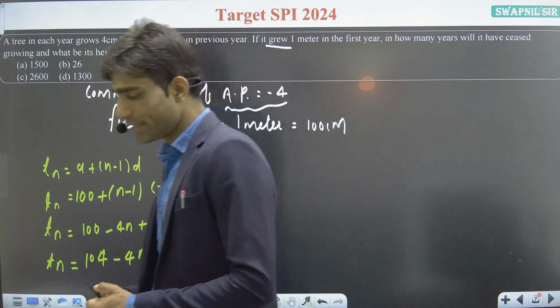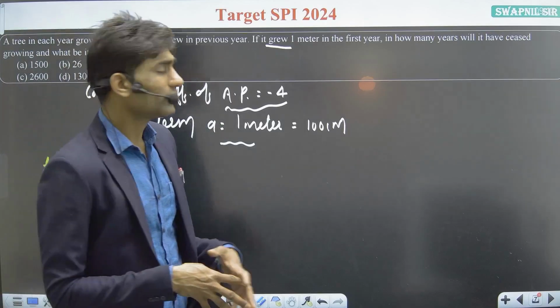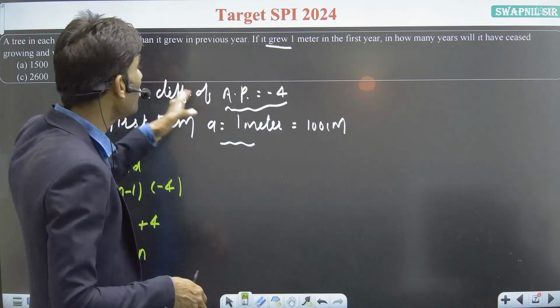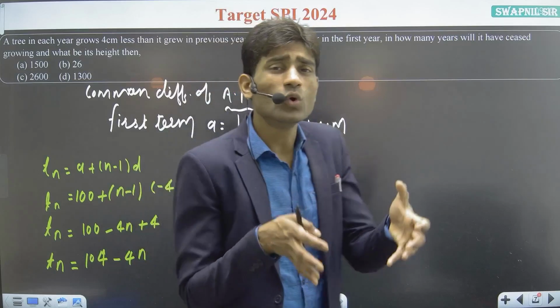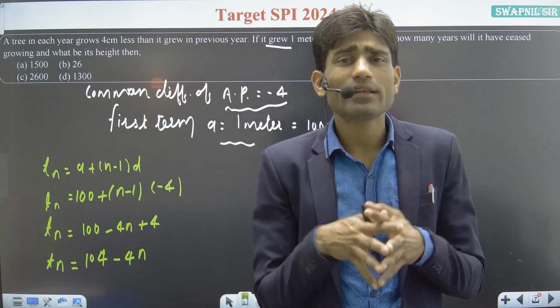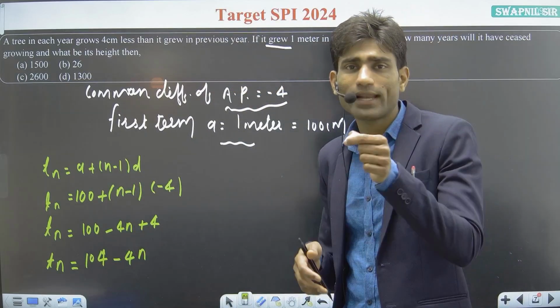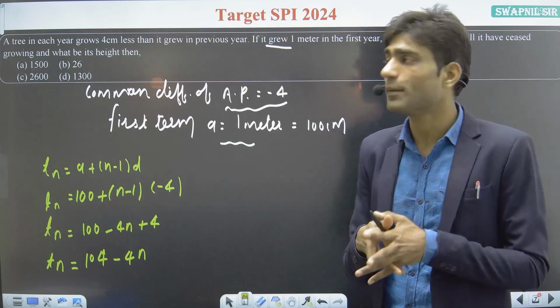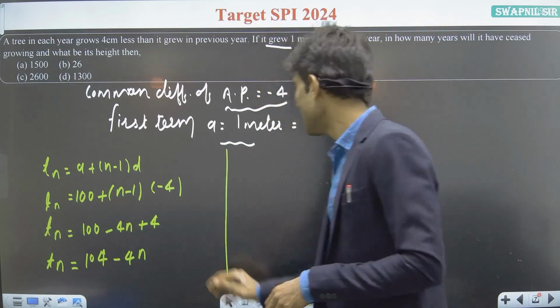Now let's go for the next step. We want at how many years that tree will cease growing completely, that means at what point the tree stops growing completely. That means consider Tn as 0.